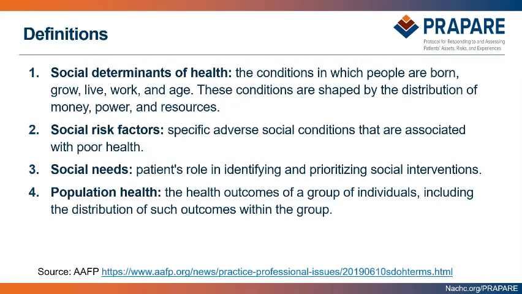Social risk factors are specific adverse social conditions that are associated with poor health. Social needs refers to the patient's role in identifying and prioritizing social interventions, and population health is the health outcomes of a group of individuals, including the distribution of such outcomes within the group. So these terms are all interconnected, but each means something different. Hopefully this provides some context as we move along in this presentation.